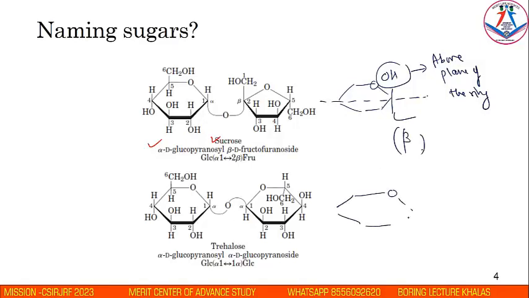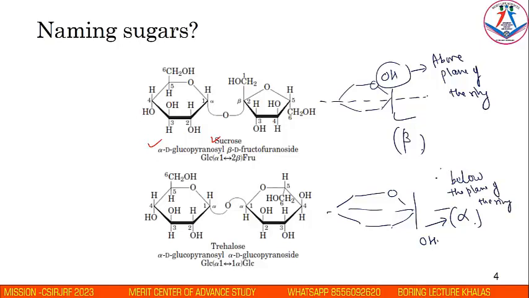If this sugar has OH like this, then this position will be alpha. Why alpha? Because it is below the plane of the ring. Is it clear?